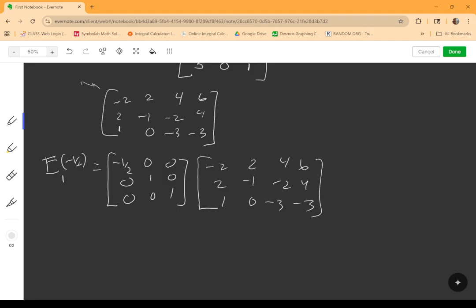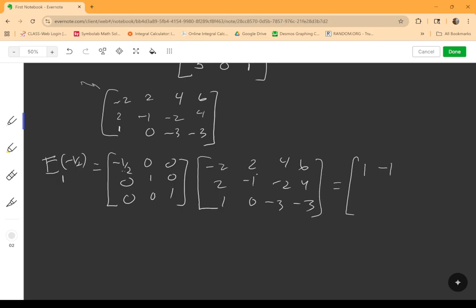All right, so if I do this, we would multiply -1/2 by -2. That would be 1, and then 0, 0, 0. So that would be only 1 here, and then if I move on to the next one, -1/2 times 2 gives me -1.